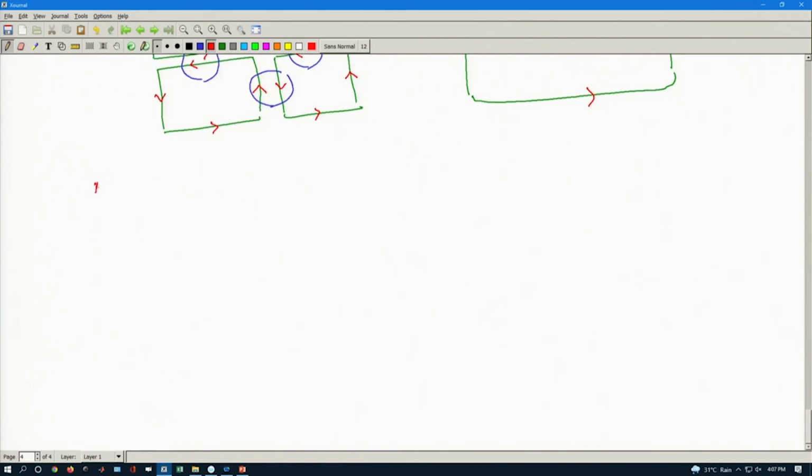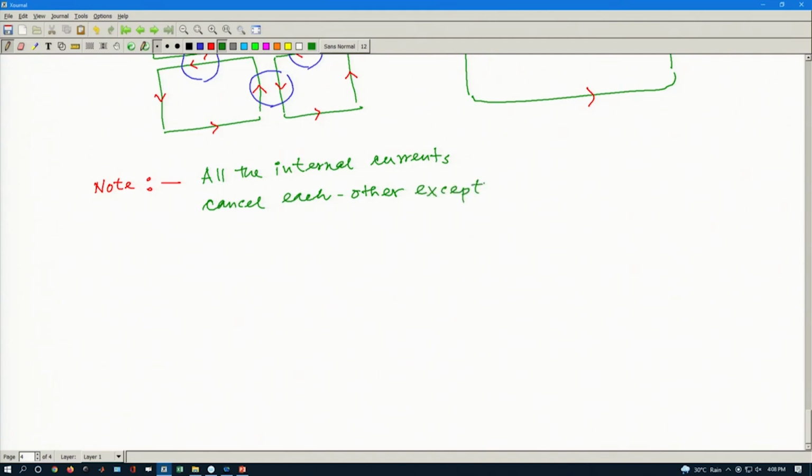So, note all the internal currents cancel each other, except the boundary.